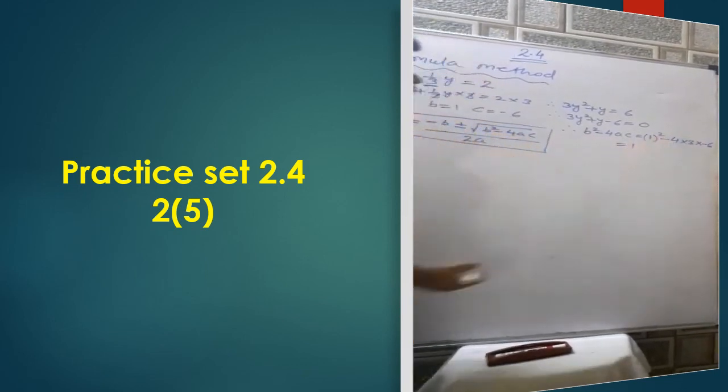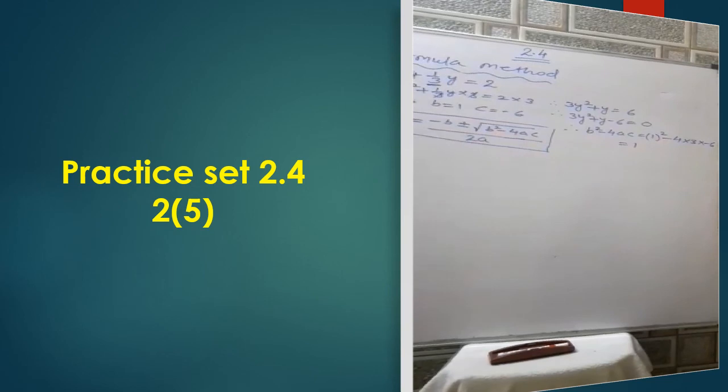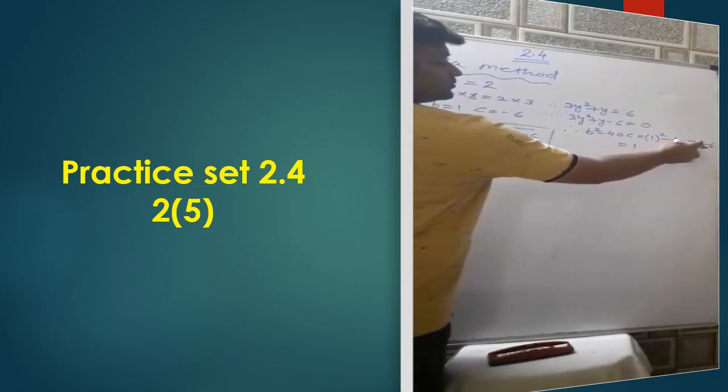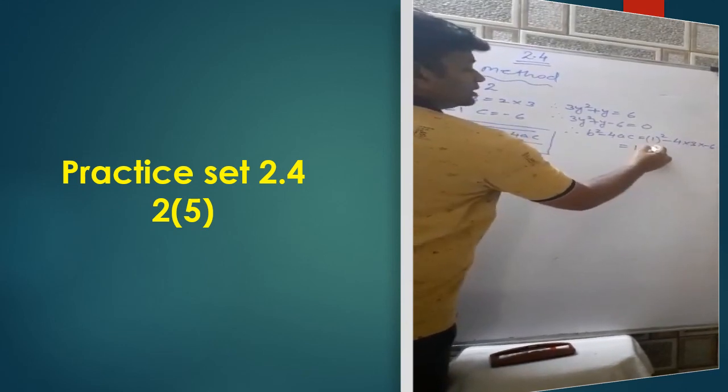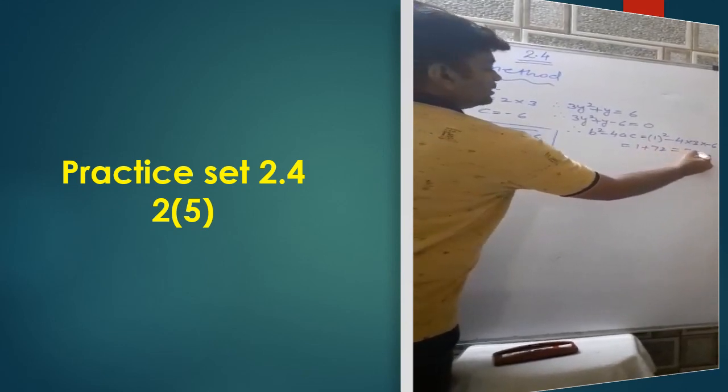So square of 1 is 1, 4 3s are 12, 12 6s are 72, minus minus plus, so you get 73.